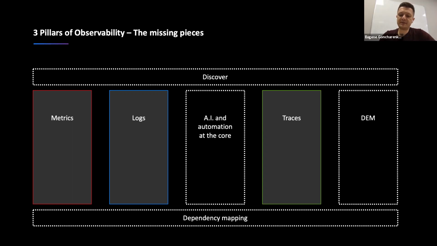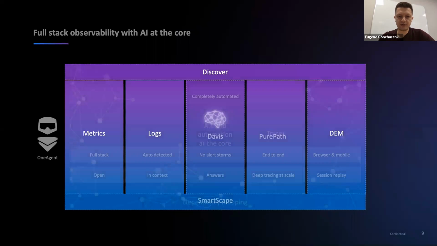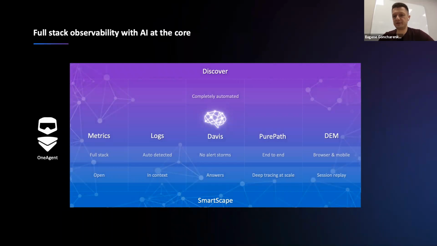And with that concept in mind, Dynatrace several years ago completely redesigned their monitoring platform, which is now called Dynatrace, melding all the experience together and adding these new components which are missing in modern monitoring systems.